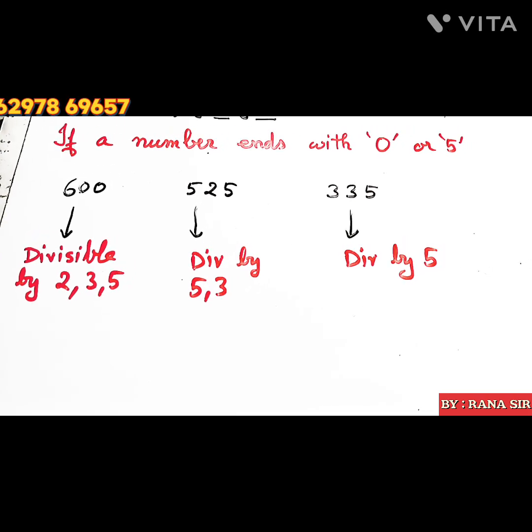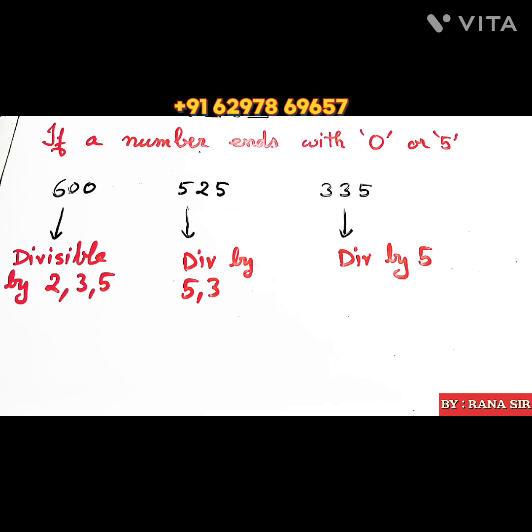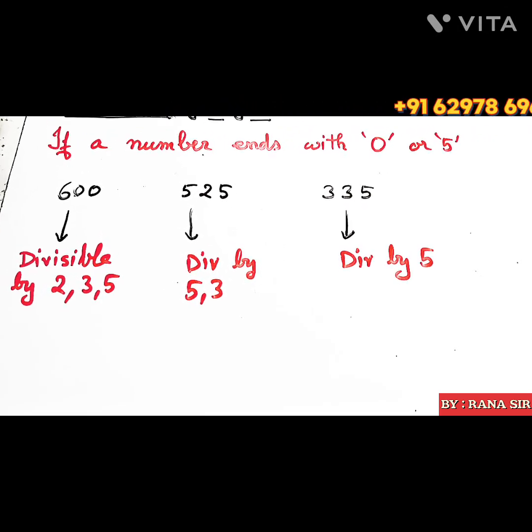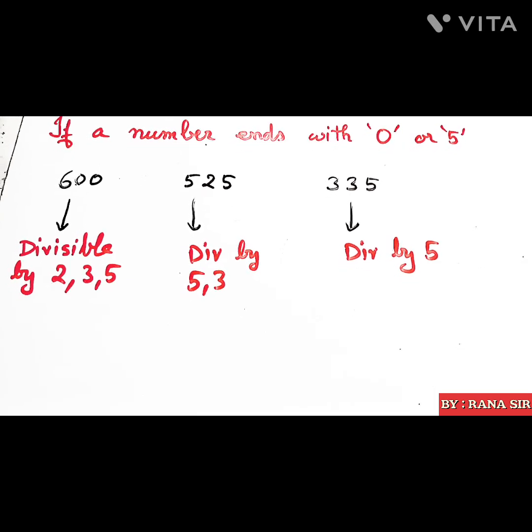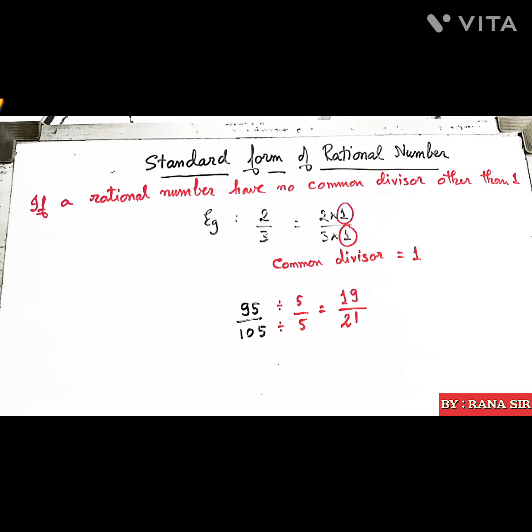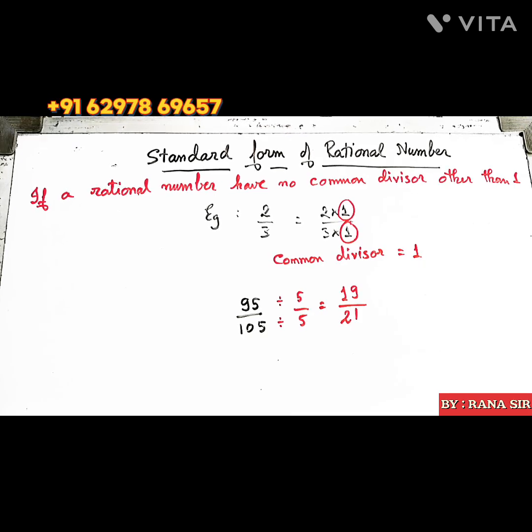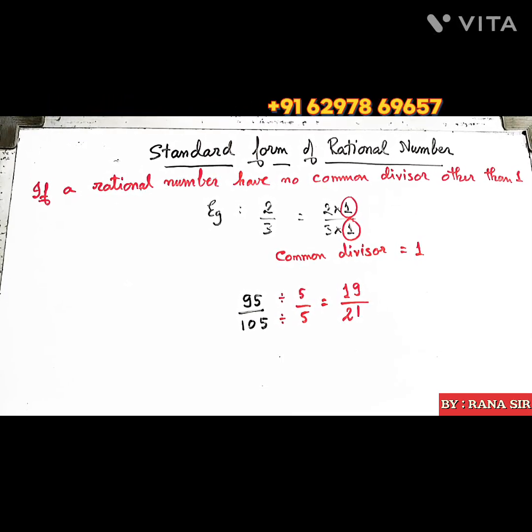Okay, understanding this, let us go back to the topic of rational numbers. We'll understand how to make a rational number standard form. Understanding the divisibility tests of 2, 3 and 5, we come to the topic, the standard form of a rational number.